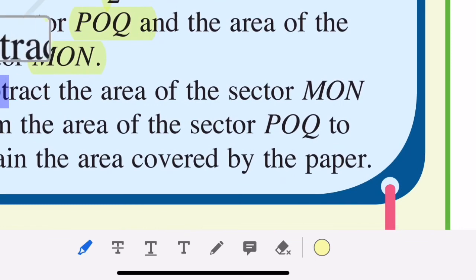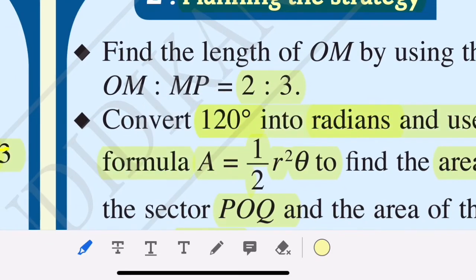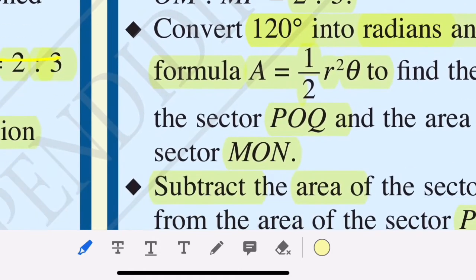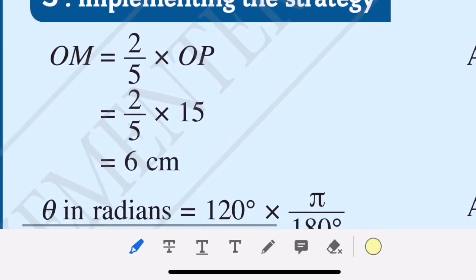Then after that we subtract the area MON from the area of POQ. That is the area covered by the paper. We are going to implement it later, so we plan first. We have planned the strategy. Now implementing the strategy. When it comes to implementing the strategy, actually we are doing calculation.